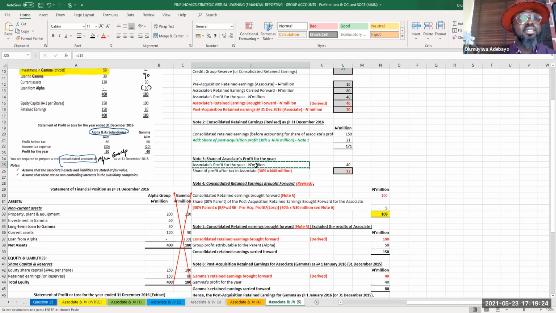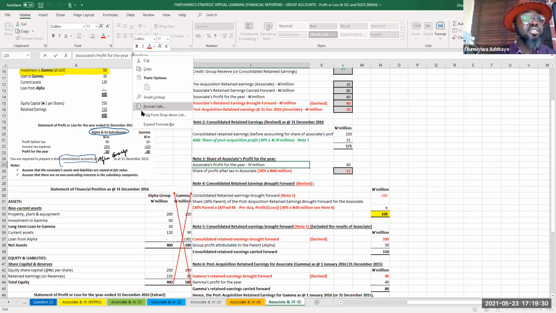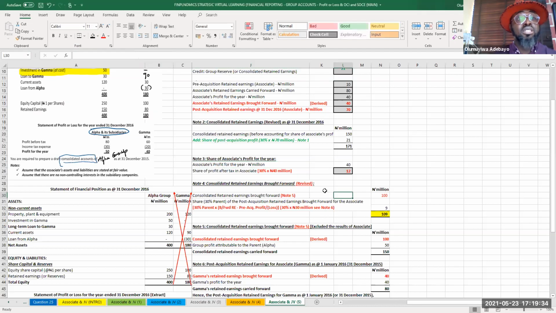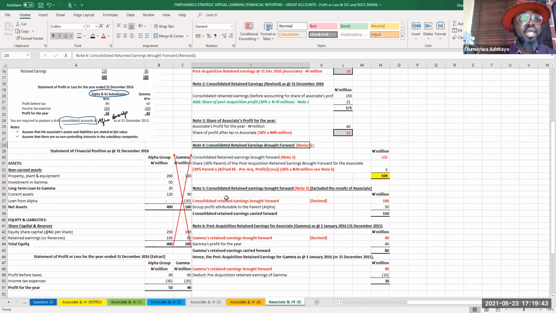Note 4 assisted us to determine the consolidated retained earnings brought forward. That's at the point of revision. And note 5 is consolidated retained earnings brought forward before the revision, or before the associate was accounted for using equity method.